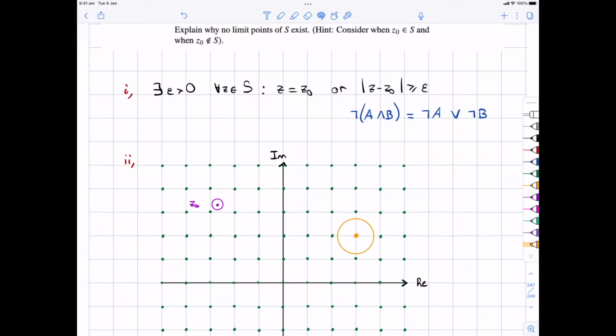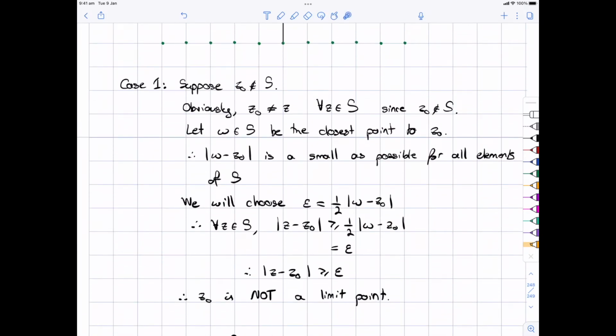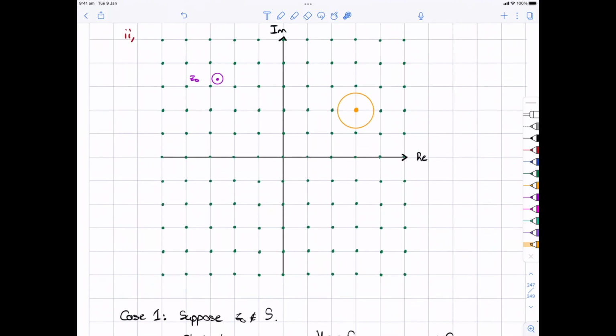There's a possible circle, and the circle obviously is determined by the radius size. So the question is, what value of epsilon do I need to choose? It comes down to, can we choose the correct value of epsilon? That's what we did over here. We chose the correct value of epsilon as being half of that modulus of w minus z0.